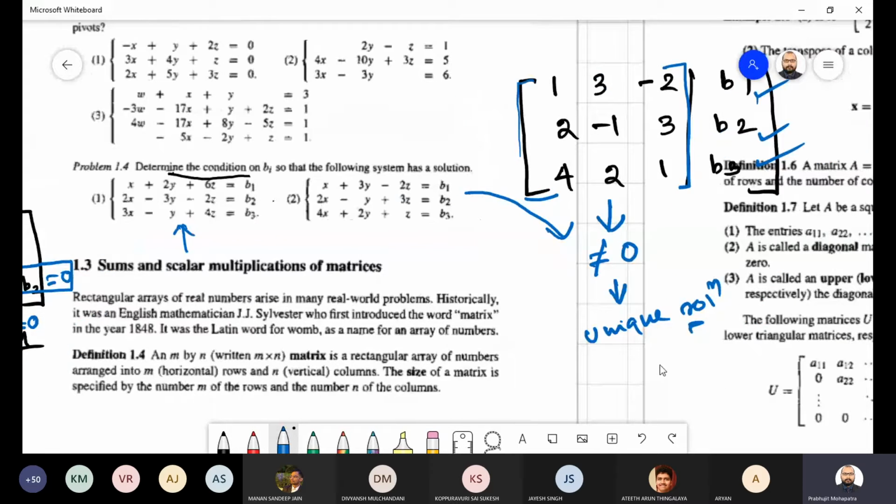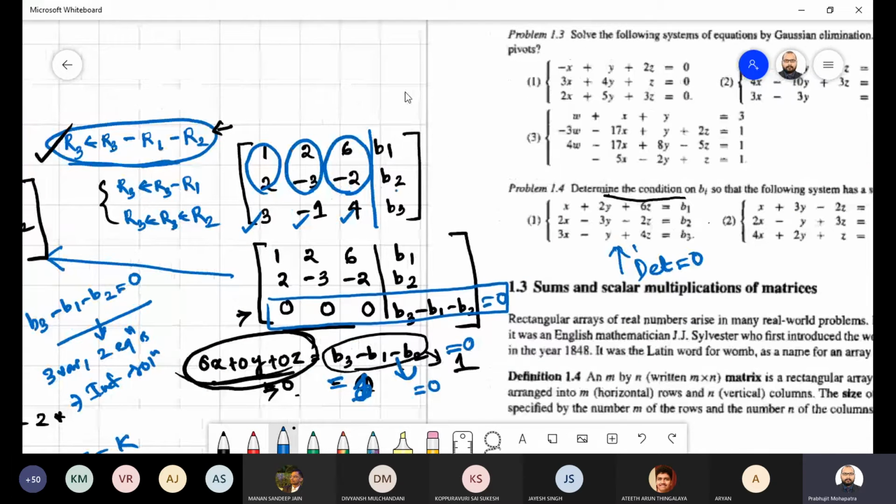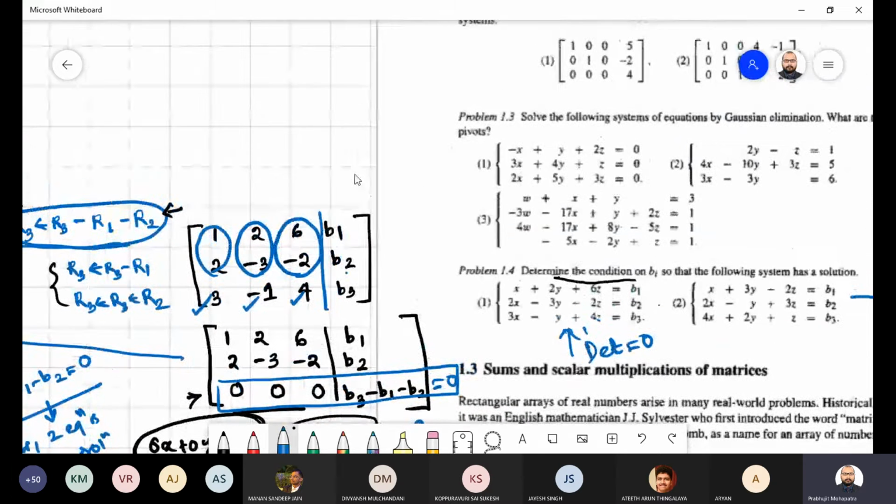The first one was having infinite solutions. You can see the determinant here will be 0. You check this matrix, what was the determinant? We solved it there. Here is the matrix. You check what the determinant of this matrix is. Are you getting 0 or not?